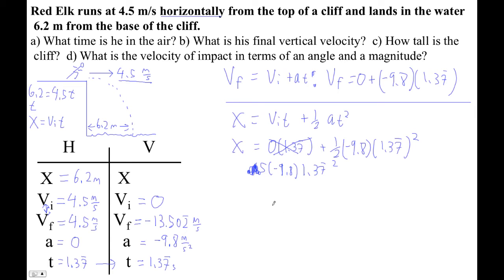So 0.5 times negative 9.8 times, and then really I'm just going to type alpha t. What you would want to type is at least like 1.37777 or something like that, right? There's a trick to that. I'm getting that x equals negative 9.3015 meters.